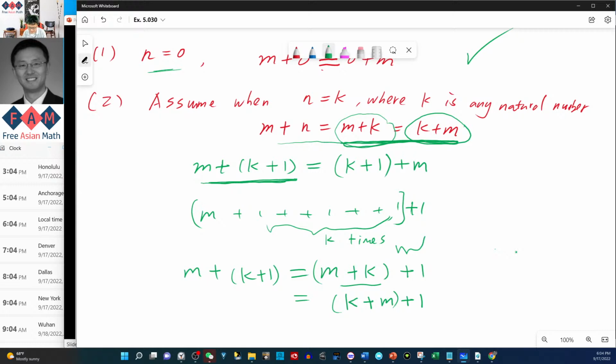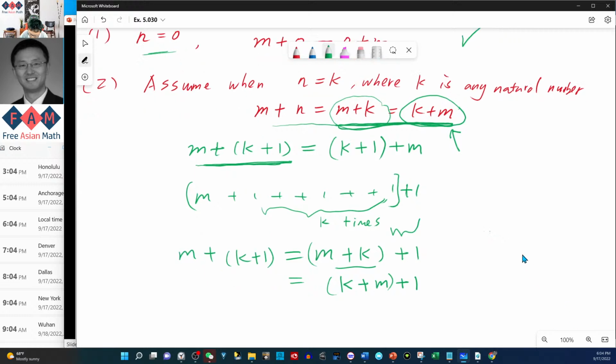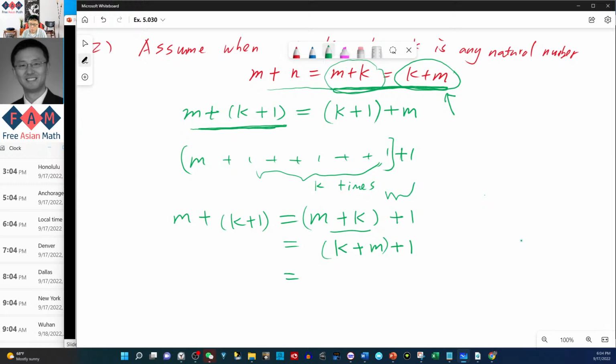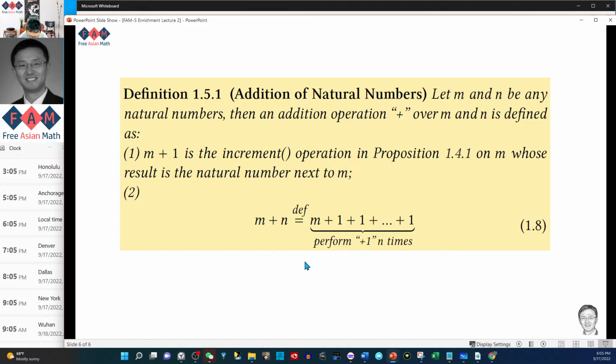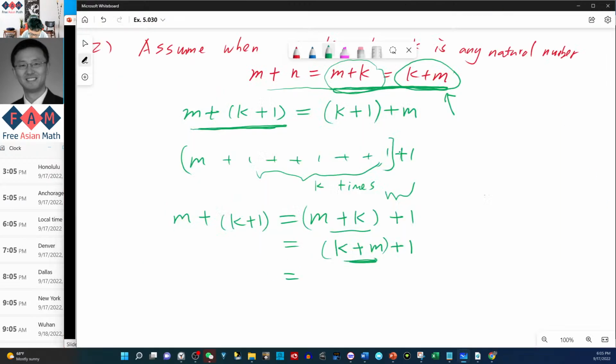This looks trivial, but this is significant because we are taking advantage of the hypothesis in this induction step. But what is k plus m? Well, by our very definition of addition, remember, we still go back to the definition, k plus m is nothing but starting at k, plus 1 plus 1 plus 1 plus 1, m times.